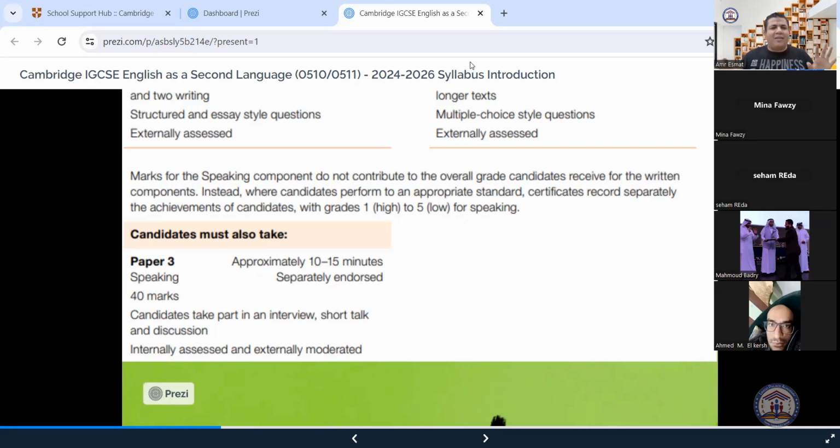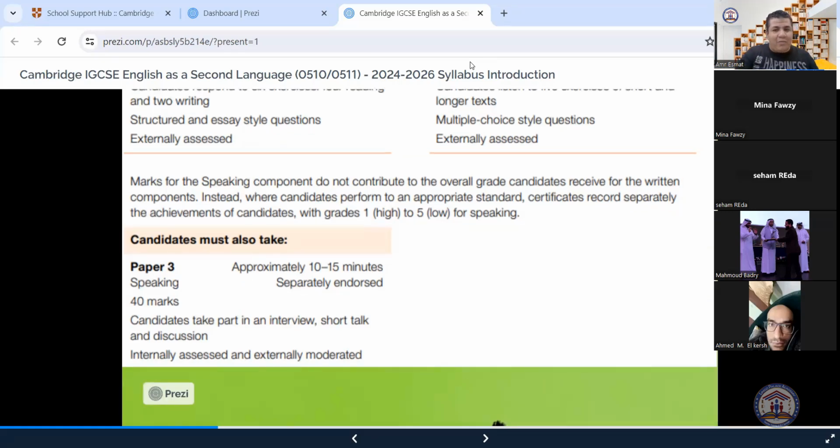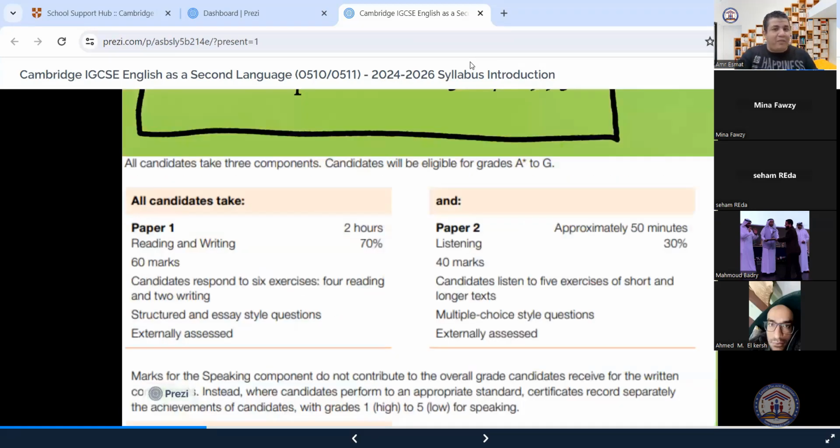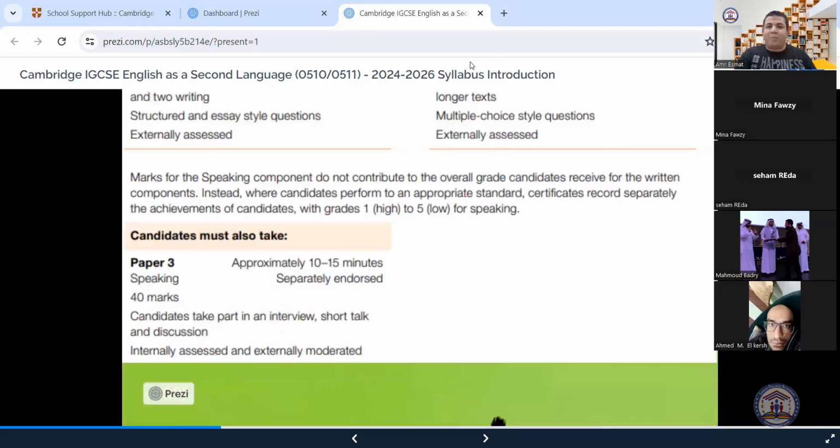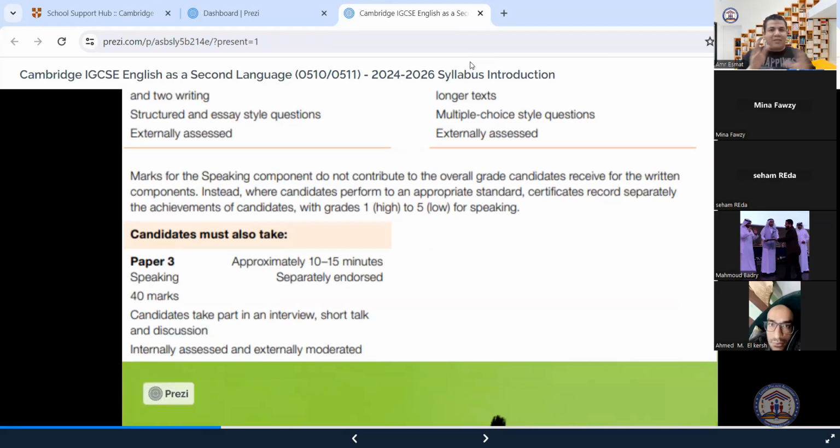It takes 10 to 15 minutes. By the way, reading and writing is 70% for 2 hours, listening is 30% for 50 minutes, and speaking is between 10 to 15 minutes. It is separately endorsed because the mark will not be added, and the candidate takes part in 3 exercises.